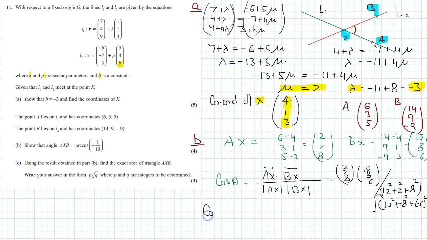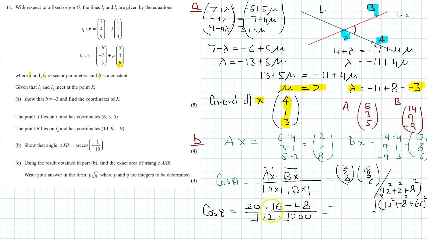So cos theta will be 20 plus 16 plus minus 48, divided by, this is root 72 and this is root 200.